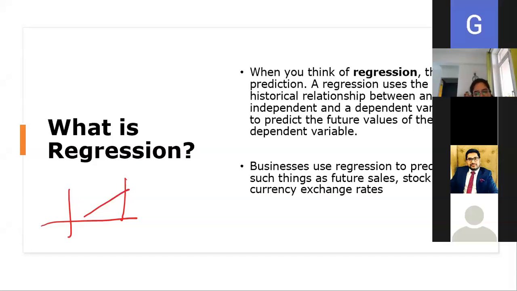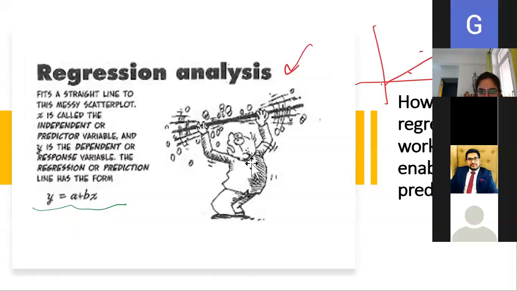That is a null hypothesis for regression. There is a linear relationship. So we are trying to fit a straight line. See this guy, he is trying to fit a straight line. Whatever data is there, if you can fit a straight line, then you can do your regression. Then you extend that line and use regression to predict the future. That is regression.